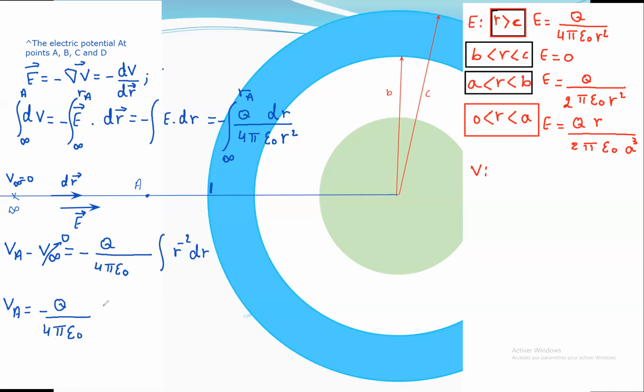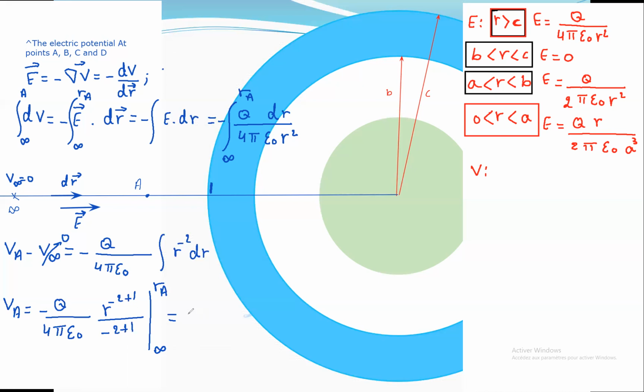The integral here equals to R to the power minus 2 plus 1 divided by minus 2 plus 1, and the limit is between infinity and RA. Okay, you know minus 2 plus 1 equals minus 1.